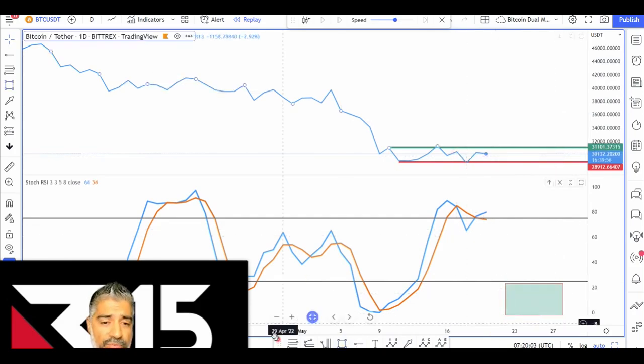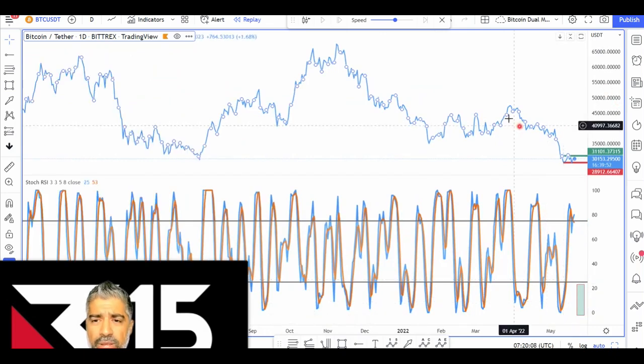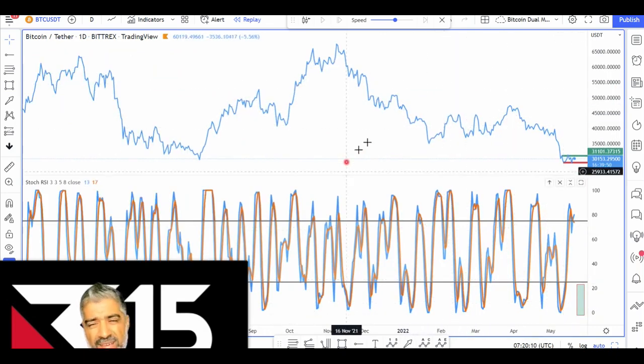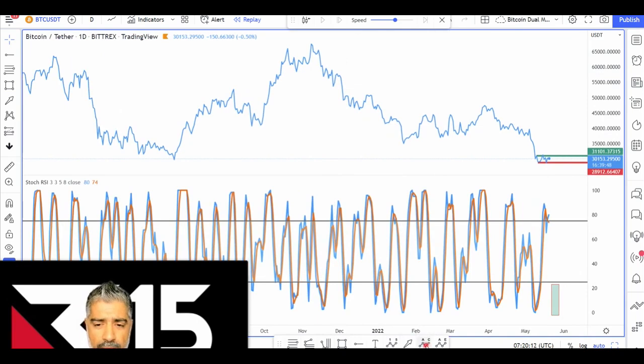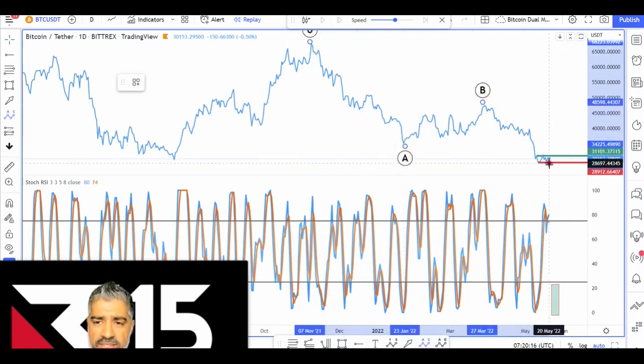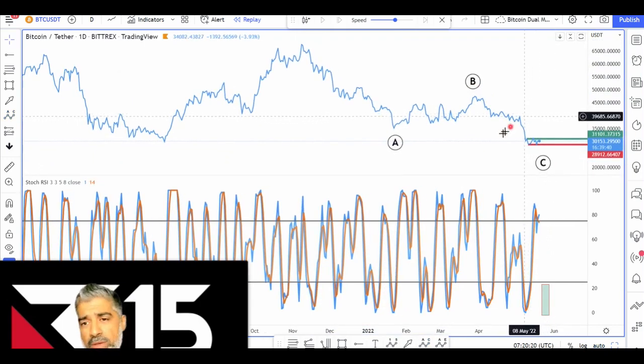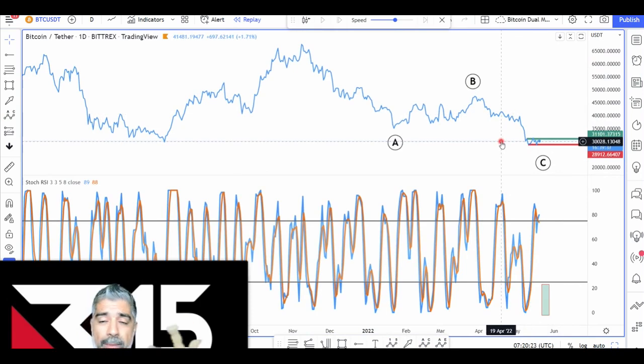Now, if we combine that with pattern and price, we'll get a different context of the market. And if you see my previous videos, it looks like we're making what's called an A, B, C style correction of some sort. But with the momentum, you're aiming to just keep repeating that process where the weekly's pointing up and the daily's pointing up to maximize the odds.